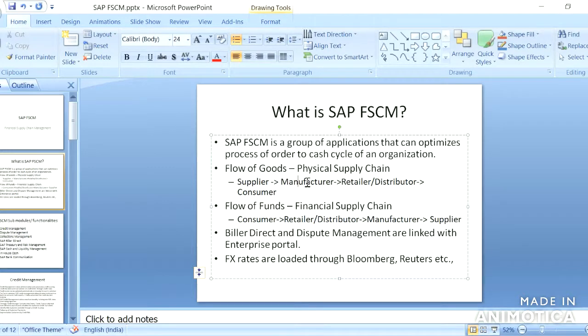For this company, supplier will be the vendor, and retailer or distributor or consumer will be their customers. So how will the flow of goods happen? A manufacturing company buys raw materials from the supplier and sells the goods to retailer or distributor or to consumer.